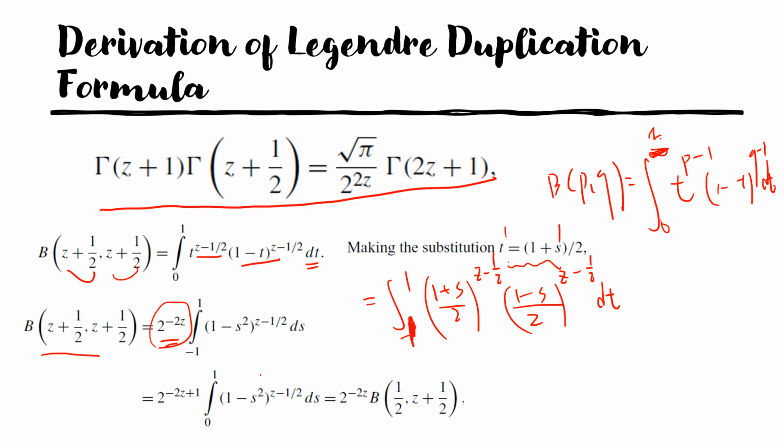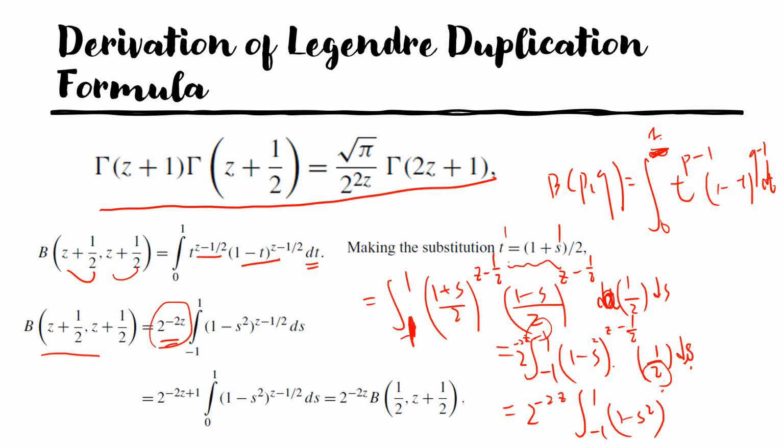So we get this if we combine both. This is half ds. Then this is 2 to the negative 2z. You see there are 2z but minus 1, so this minus 1 will cancel with this one. So finally you get this.